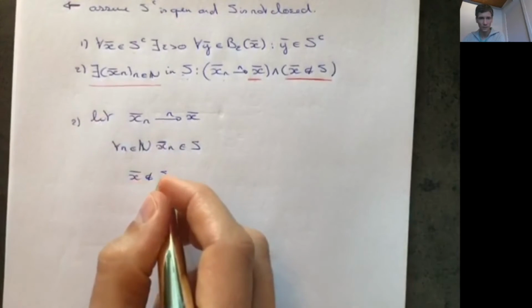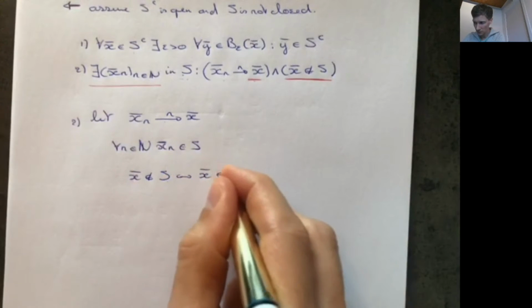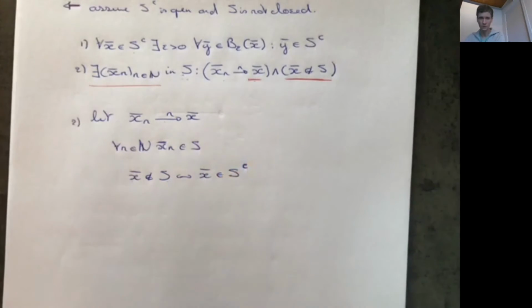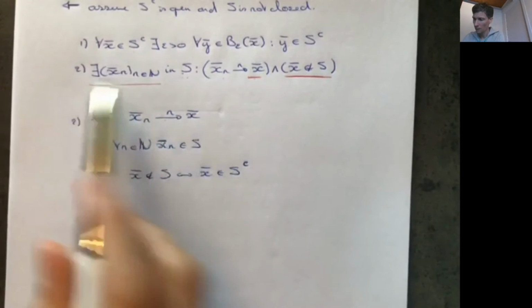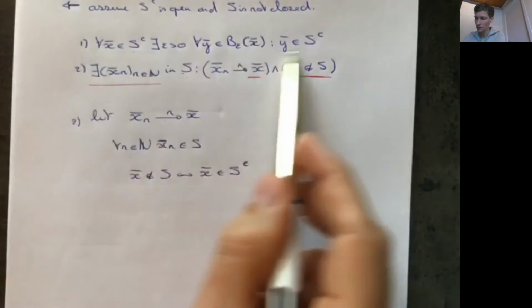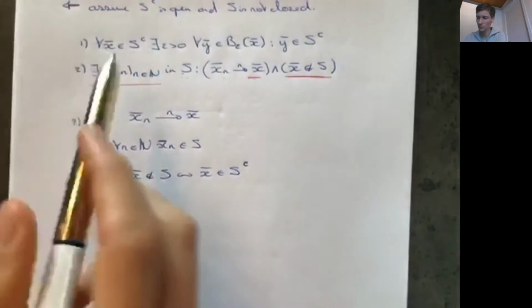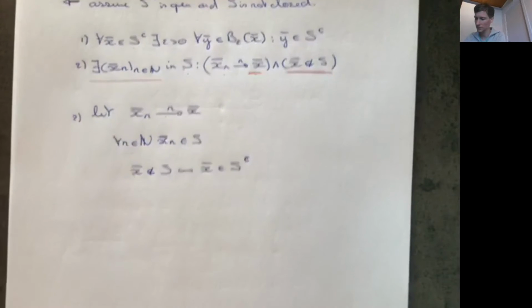If x is not in S, this is the same as saying that x is in the complement of S. If a vector is not in a set, then it has to be in the complement. So I know that this definition holds for this particular x, because it holds for every element in the complement.